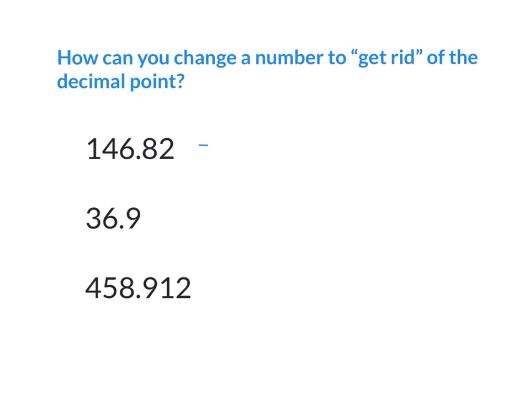Oh, you mean we can write it in unit form? Yeah. So we know that this is 14,682 what? Hundredths. Yeah, so one way we can quote unquote get rid of the decimal point is by writing it in unit form.